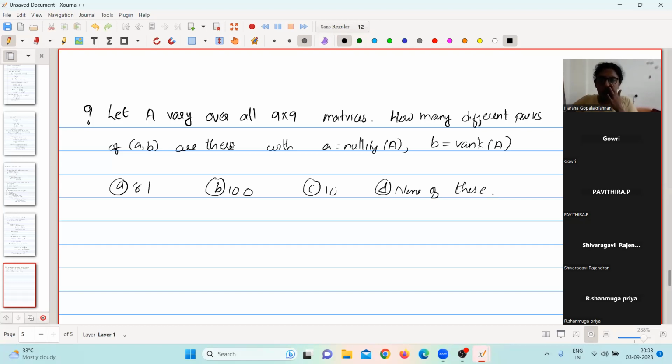So here the question is: A is a 9 by 9 matrix. How many different pairs (A, B) are there with nullity of A equal to A and rank of A equal to B? So it's a very trivial question.